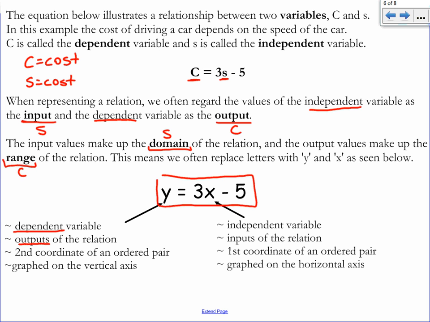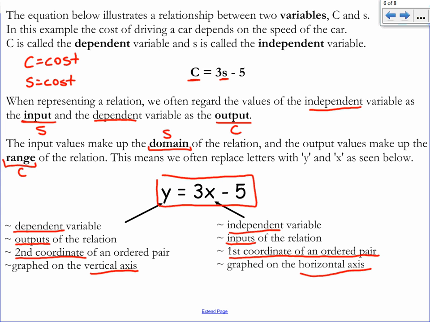They've given you all this information right up front. The same thing over here, they tell you that that's the independent variable, which means it must be the input. It's also the first coordinate in the ordered pair, because X always comes first, and it's graphed on the horizontal axis. This is a good little notes page to reference whenever you see words like independent or output or domain.